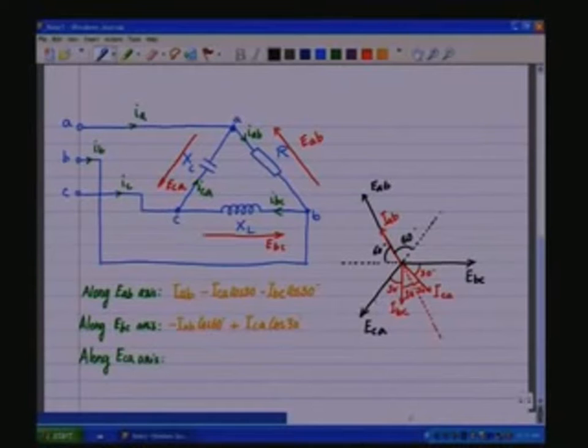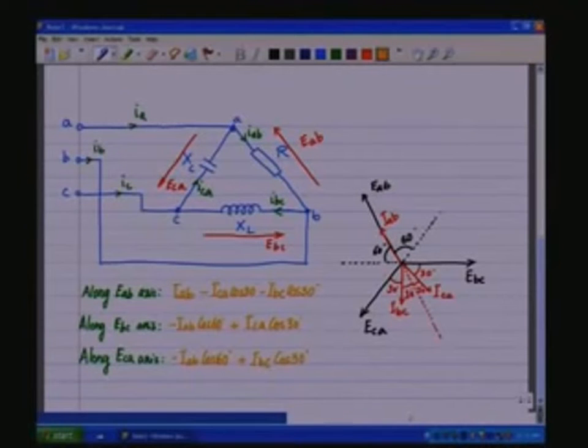IBC has a projection on the ECA axis, which is IBC cos 30. So, we have IAB cos 60, which is on the negative part of the axis, so we say it is minus IAB cos 60 plus IBC cos 30. These are the projections of the various currents on all three axes.